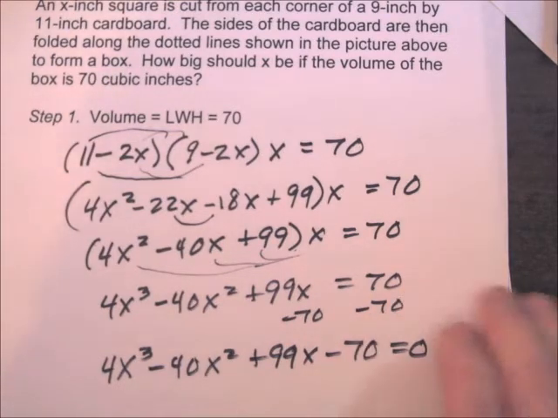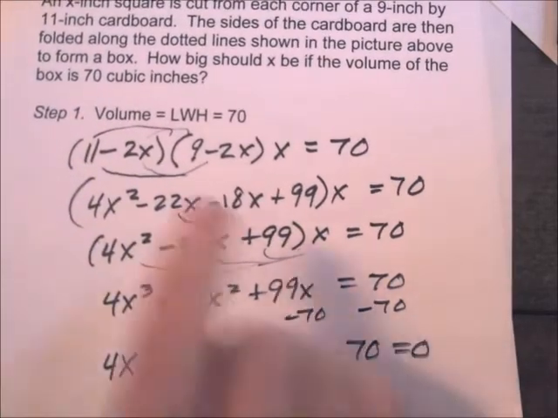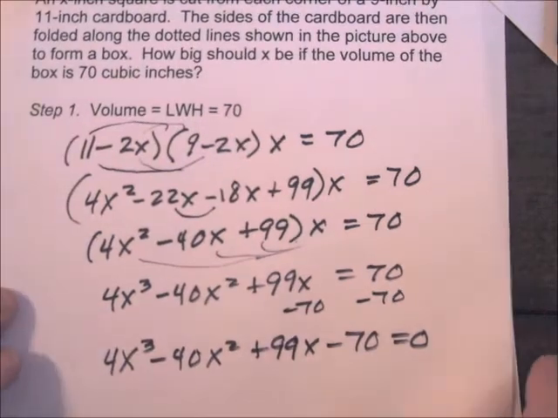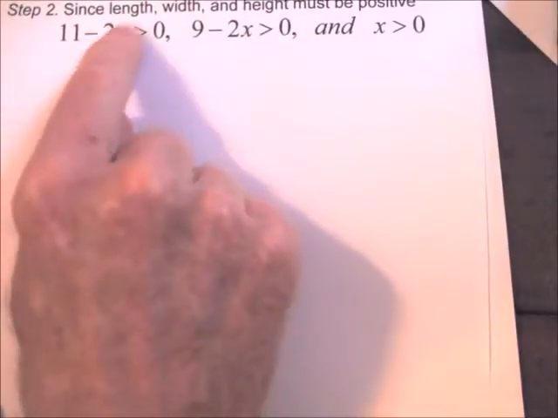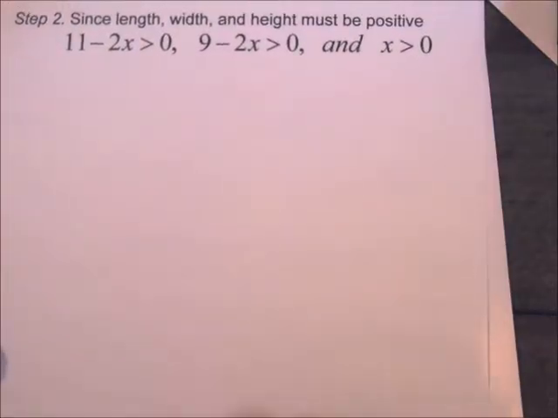Before we do that, let's just note we have some restrictions on x. For example, length and width and height all have to be positive, so we don't want just any solution to this equation. Length is 11 minus 2x, that has to be greater than 0.